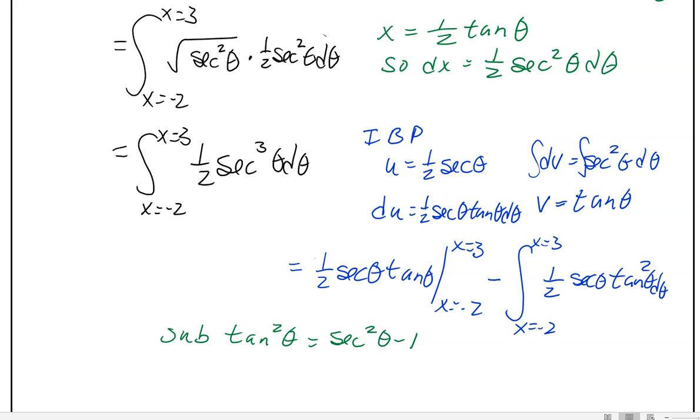Applying the formula uv minus the integral of v du, or the tabular method, brings us to 1/2 secant theta tangent theta, evaluated between the limits of integration for x, minus the integral of 1/2 secant theta tangent squared of theta d theta. Now we want to make a substitution.